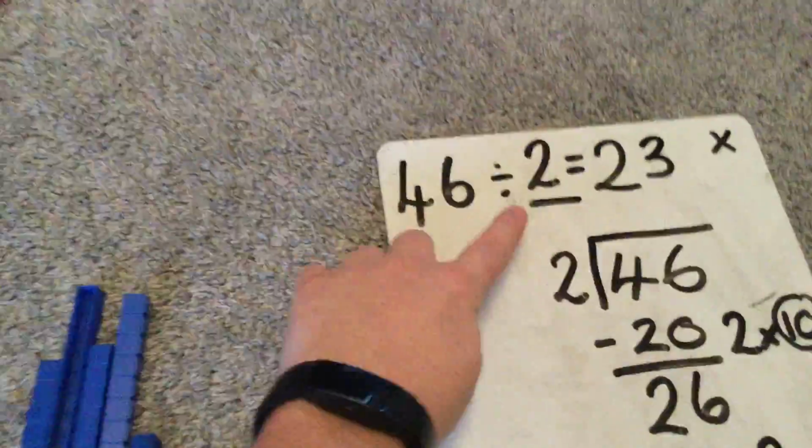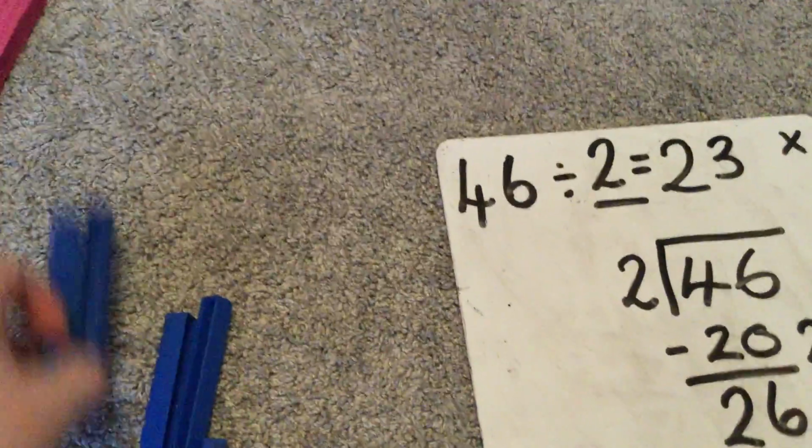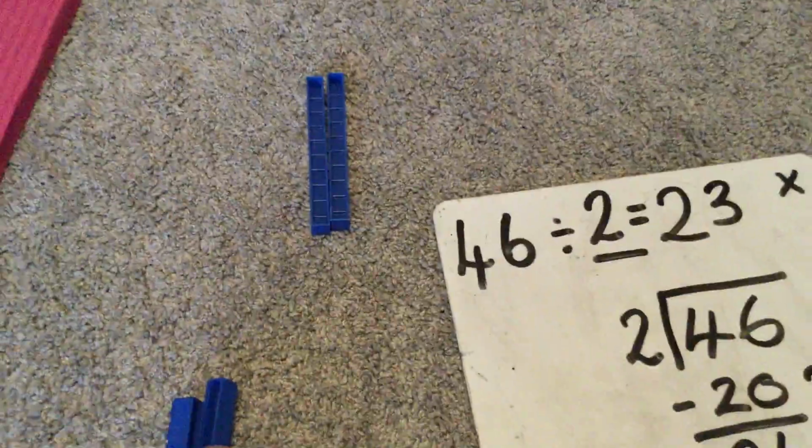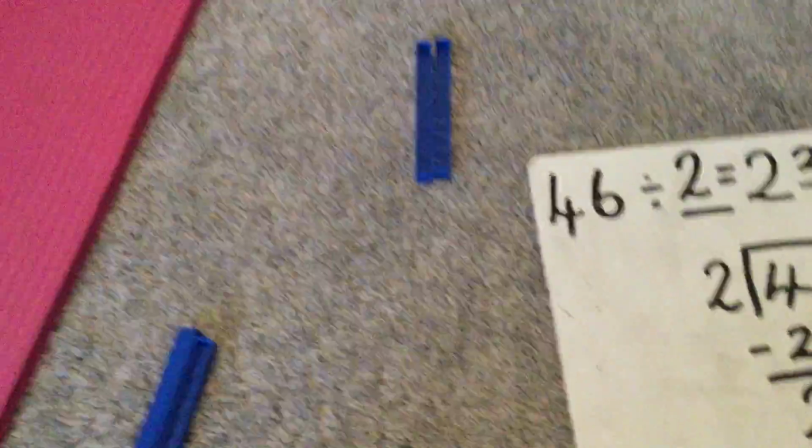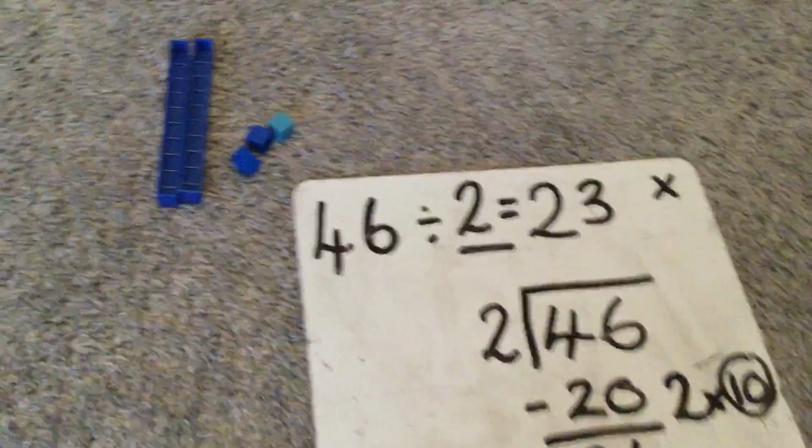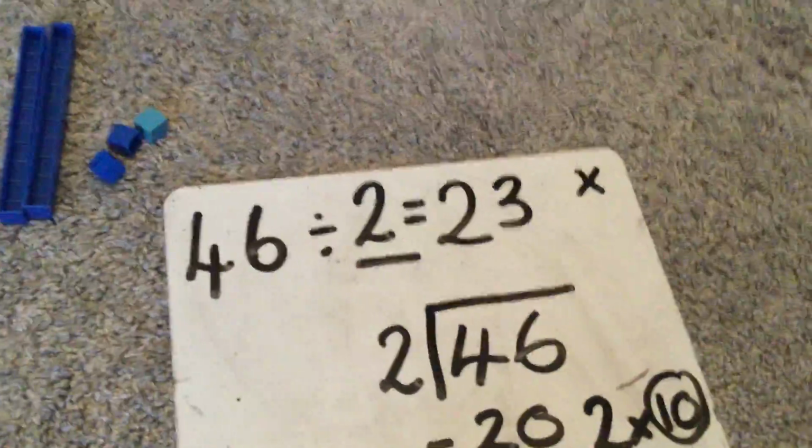Now just to check, I'm going to bring my 46 back in here, put it into 2 equal groups. So there's my 2 10s in that group and 3 1s. 46 divided by 2 is 23.